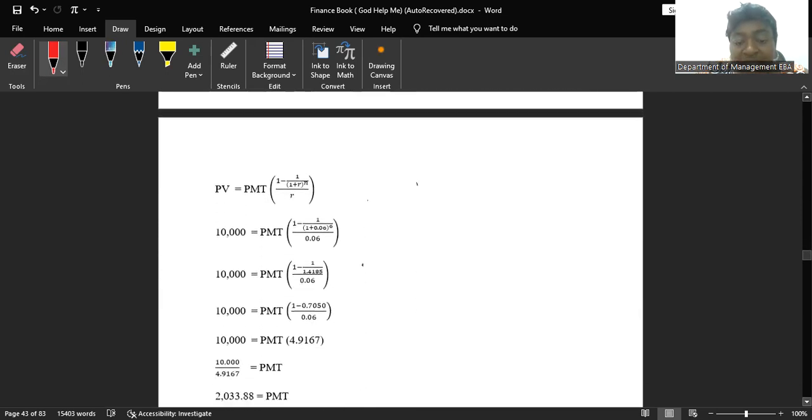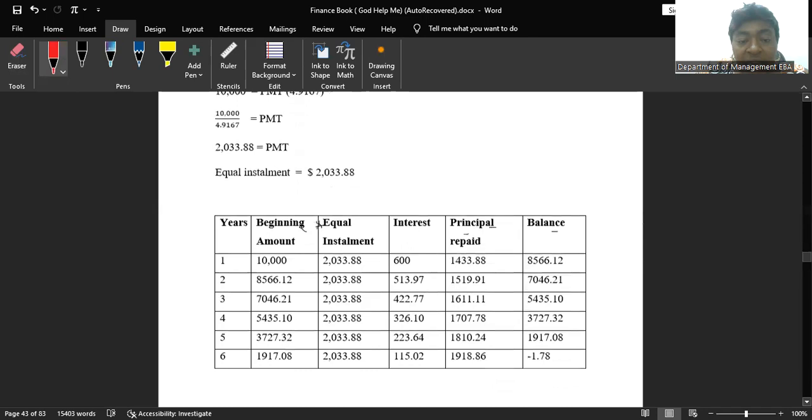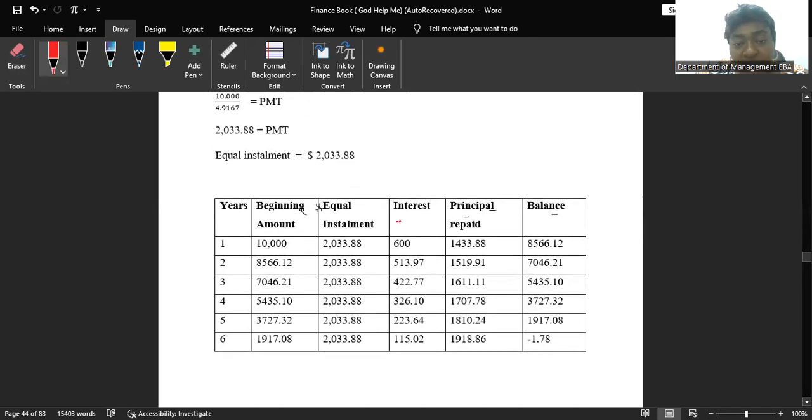So the 6%, how can you get it? You have to calculate the interest rate given times the beginning amount, the amount you borrowed.